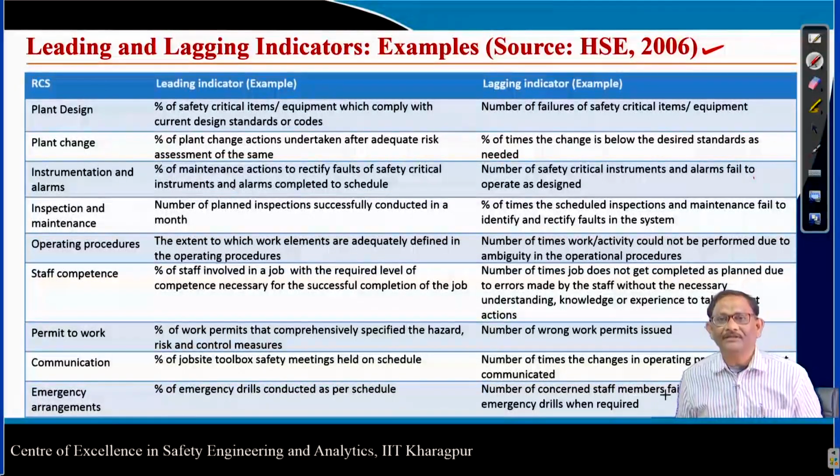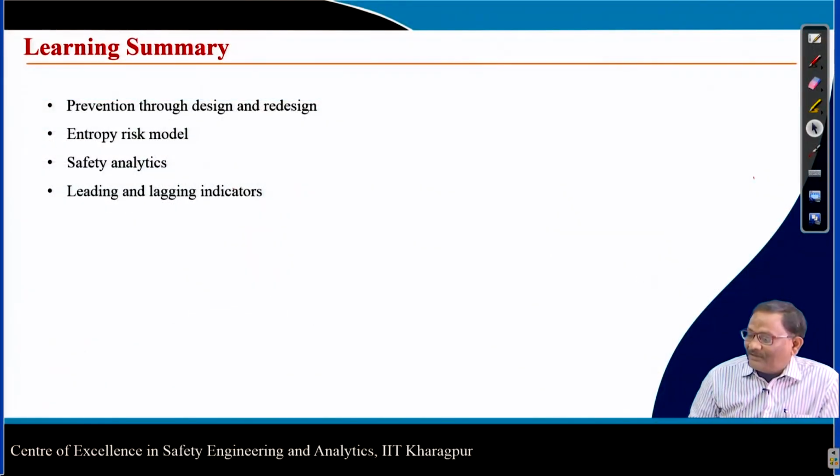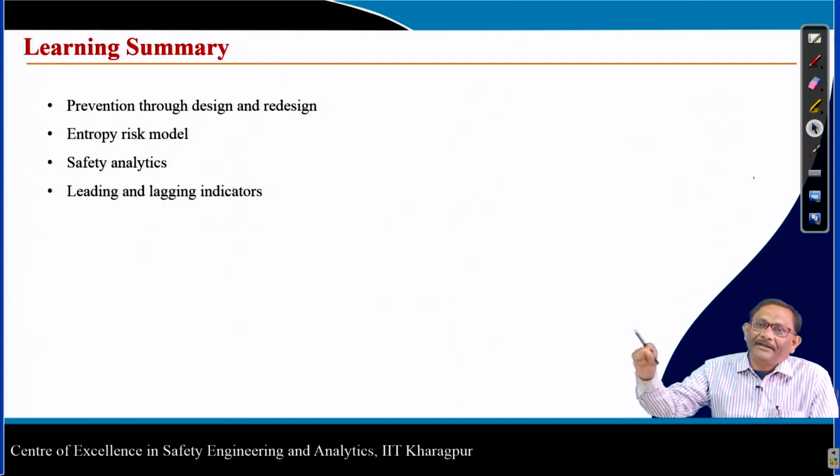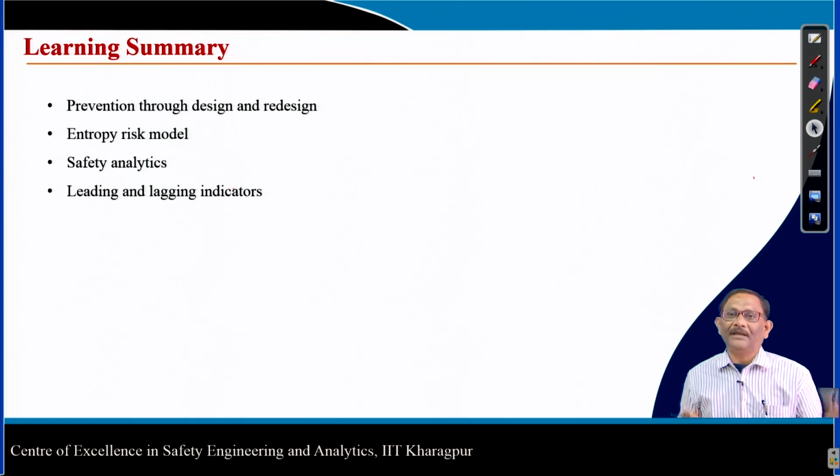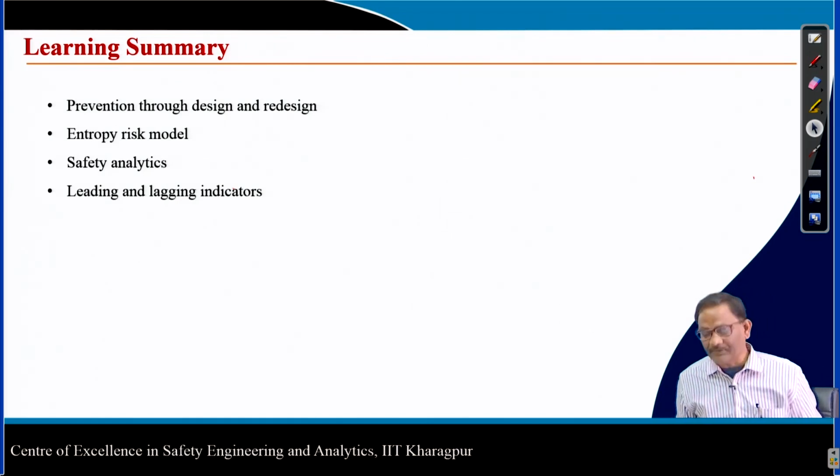IIT Kharagpur is helping industries in developing leading and lagging indicators for different kinds of plants. So if you have the leading and lagging indicators, then in the table I have given related to RCS, under each RCS there will be several indicators that will be added to the safety data table.